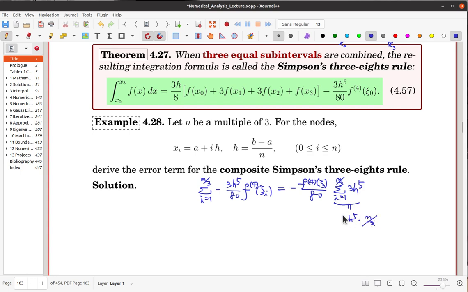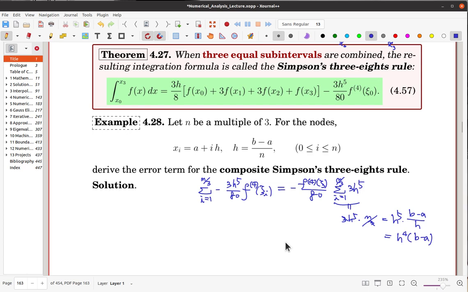So 3 can be cancelled, which gives h to the 5 times n. Since n is b minus a over h, this becomes h to the 4 times b minus a.